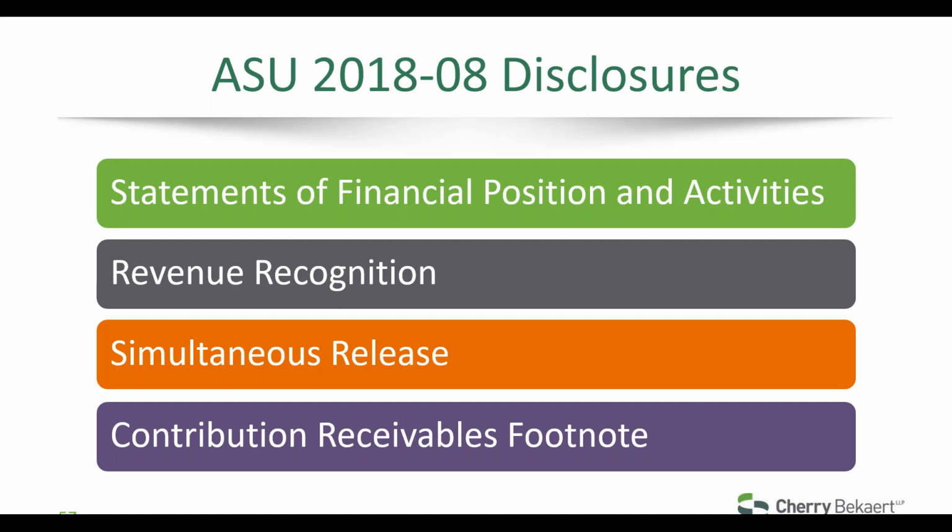So that's just something to note that you have to make that decision as to whether or not you want to do that. And if you do, you have to be consistent, and you can't change the accounting from year to year. So that's something to be aware of.